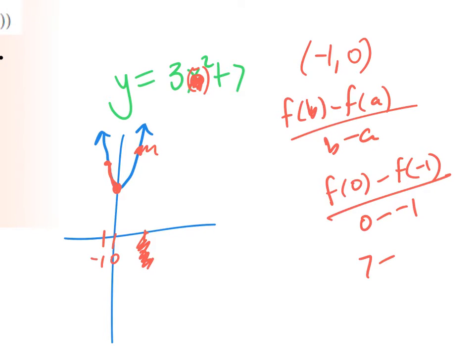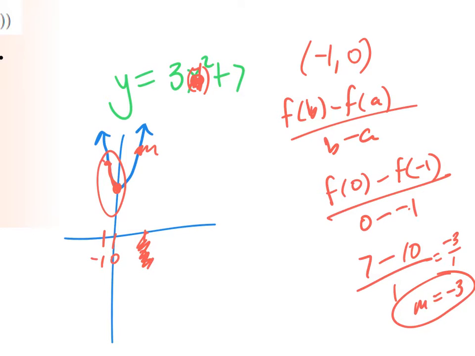If I put in a -1, -1 squared is 1 times 3 is 3 plus 7 is 10 over 0 minus -1 means 0 plus 1, which is 1. -3 over 1, which is -3. Do you get that the average slope over this little part right here was -3?